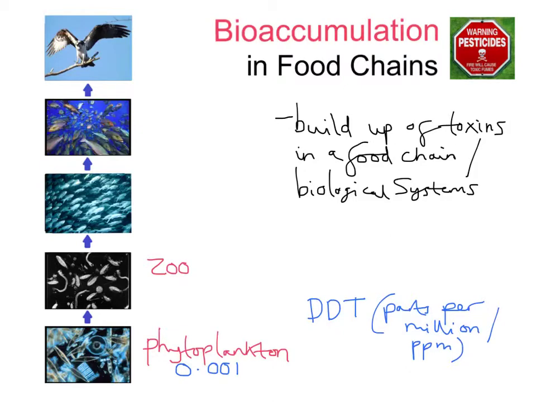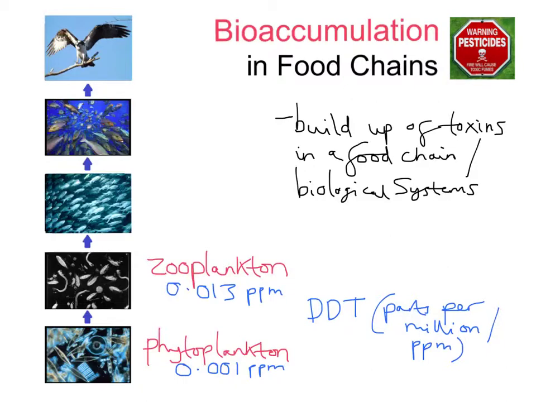So this is zooplankton. It's like animal plankton. And what we see is that this DDT parts per million value can raise to about 0.03 ppm. We'll put those there, ppm. So we have a certain concentration of DDT in the zooplankton.